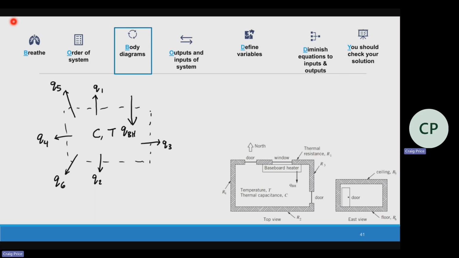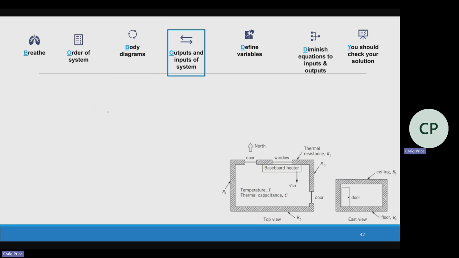So we're saying that the internal temperature is greater than the ambient temperature based on the arrow directions, right? And that's going to play a role in my definitions once I get there. Questions? Okay, that looks good to me.